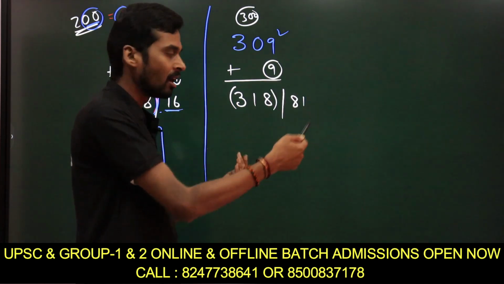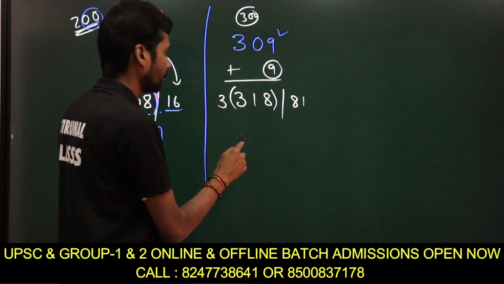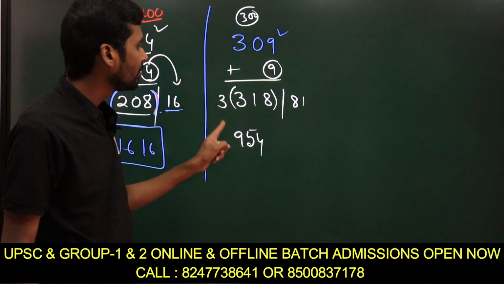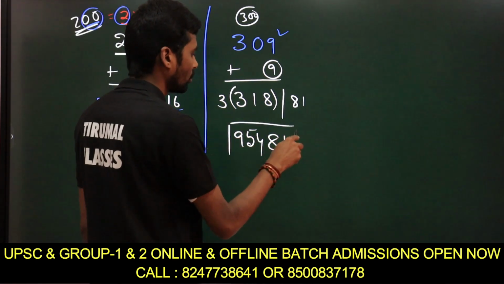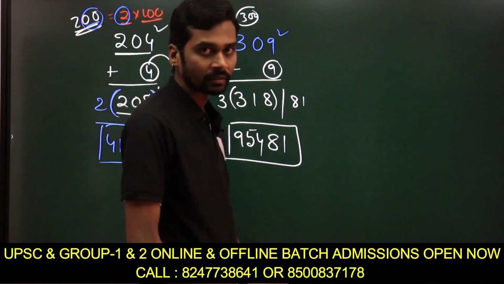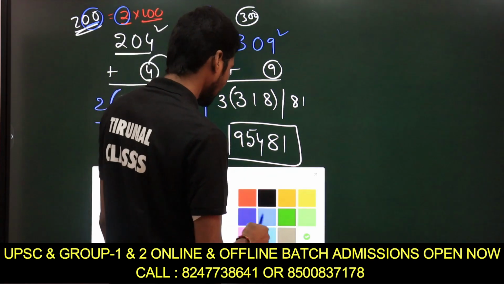Don't disturb the right side part. Only multiply the left side part with which number? 3. 318 into 3 is what? 954. The next part is 81. So the final answer is 95481. Clear? 95481. Let's take another number.